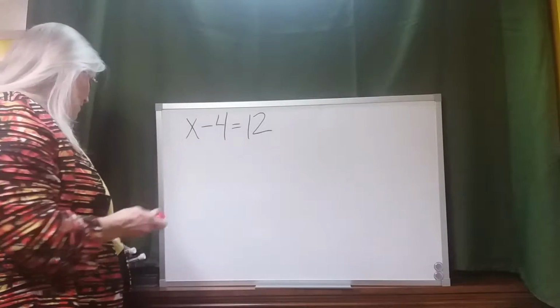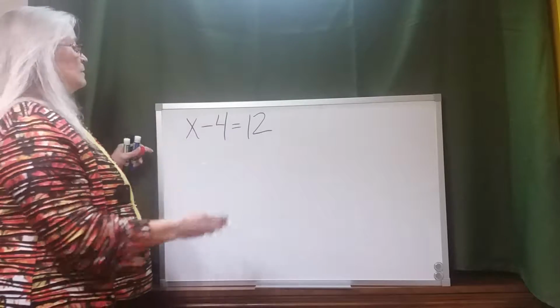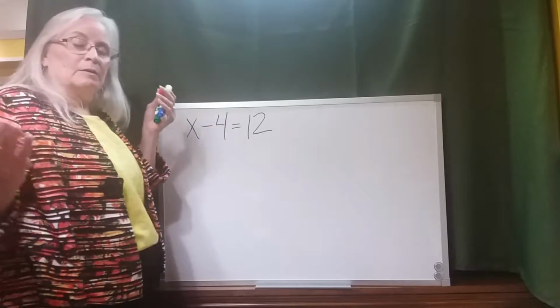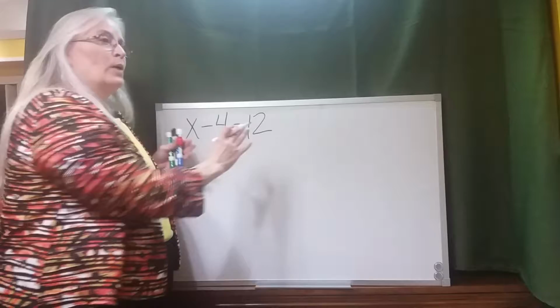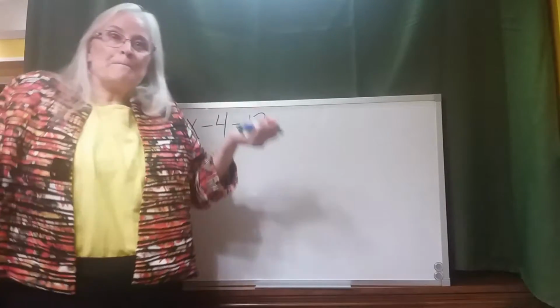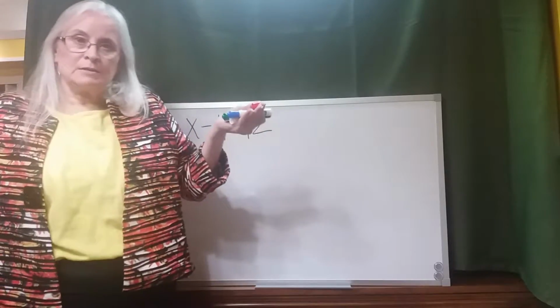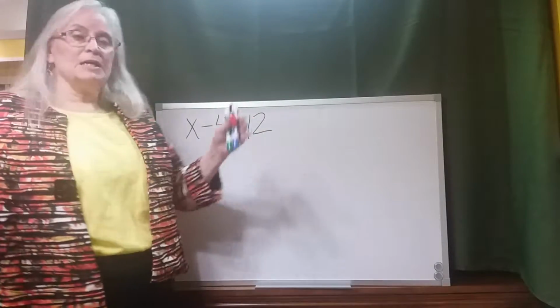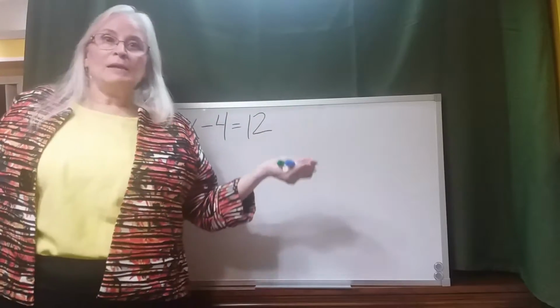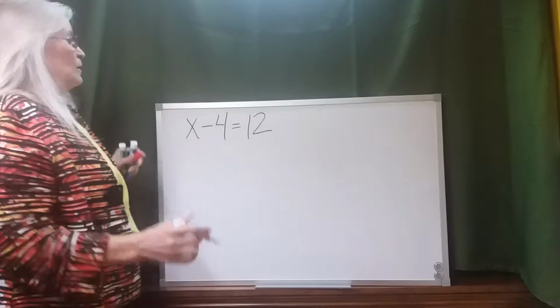All right, this is what we're going to do. By the way, an equation, when it has this equal sign there, it means it's balanced. Just like on a scale, it's balanced. So 12 is equal or balanced with x minus 4, okay?